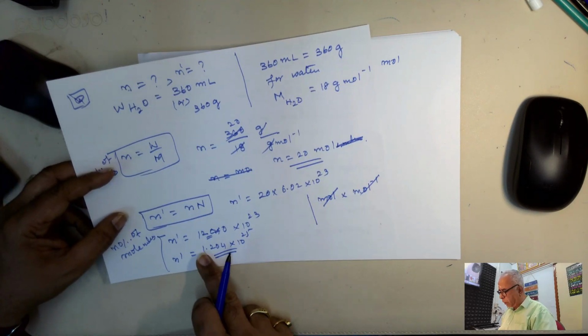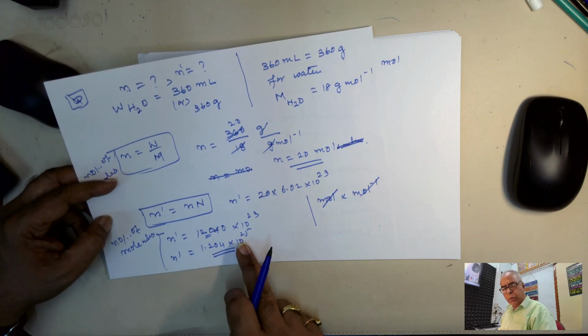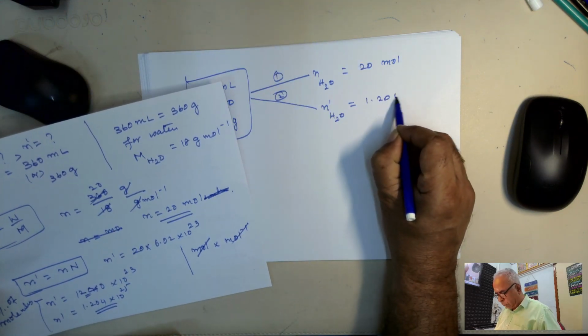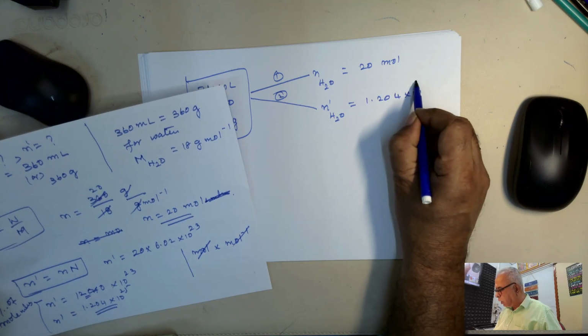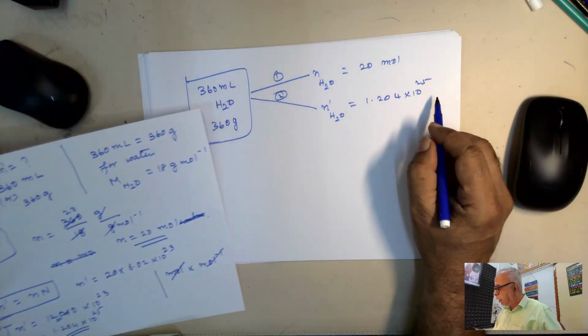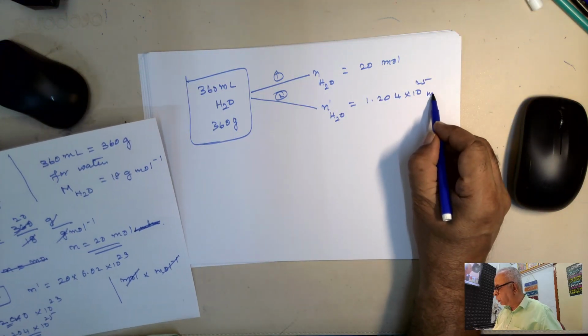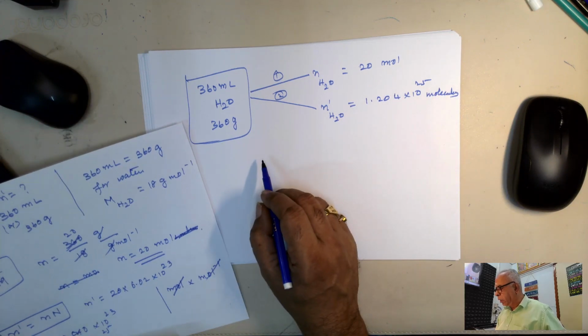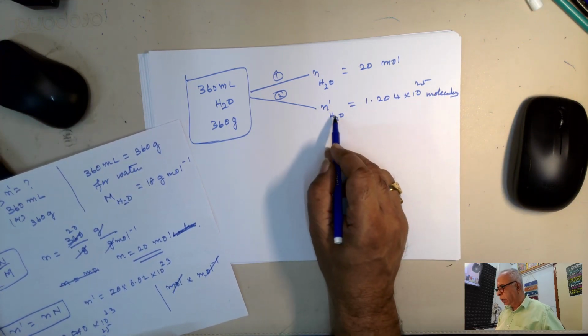That is 1.204 into 10 power 25 molecules. You have to say molecules, not mole, molecules, okay? Because we are discussing the number of molecules.